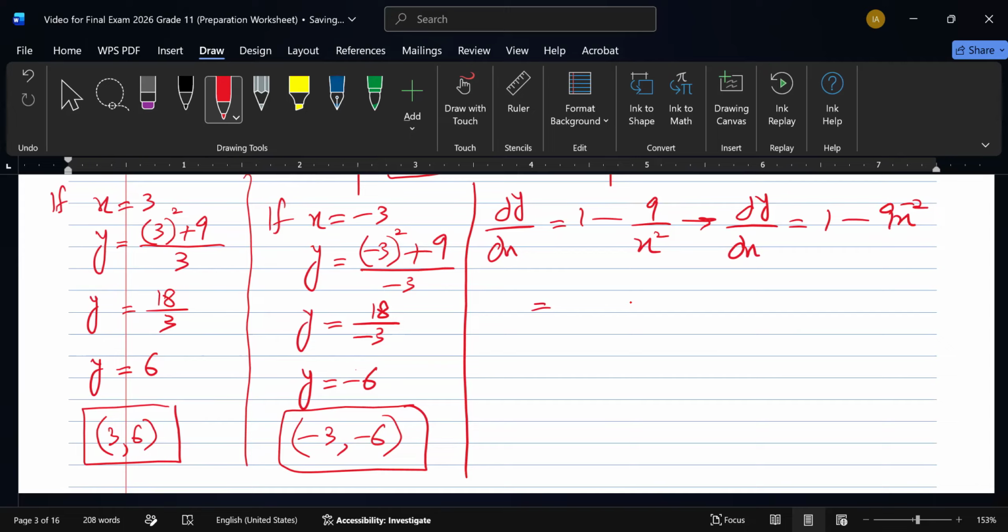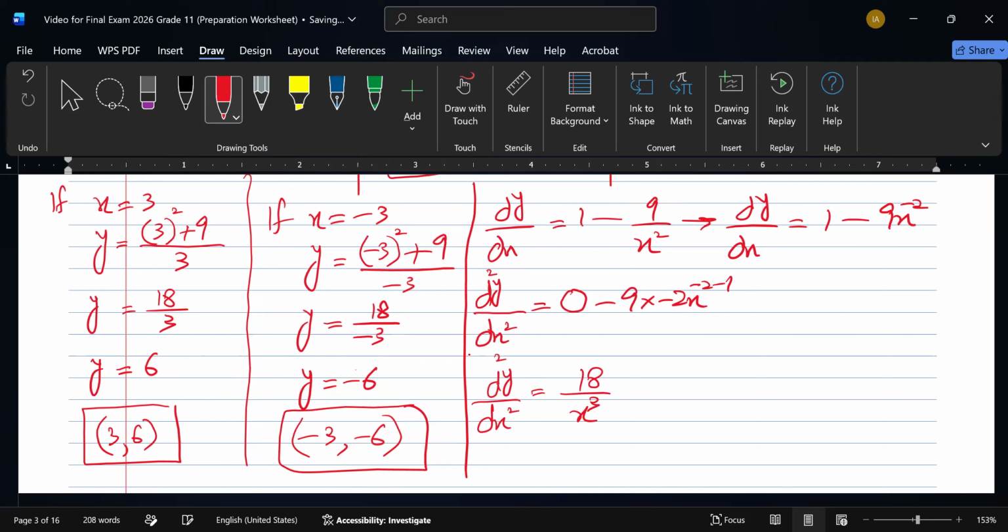1, the constant, becomes 0. Minus 9 times minus 2 x power minus 2 minus 1. This is called your second derivative, d square y over dx square. So my second derivative is going to be d square y over dx square equals 18 over x power 3.